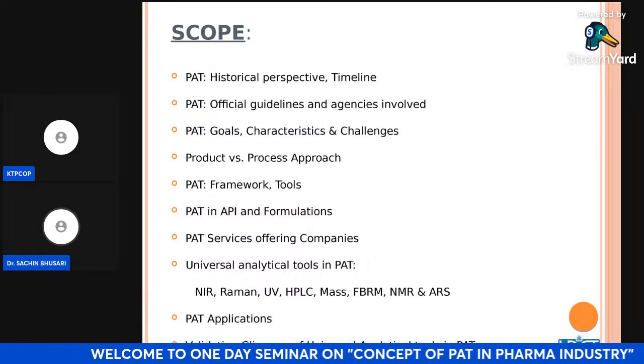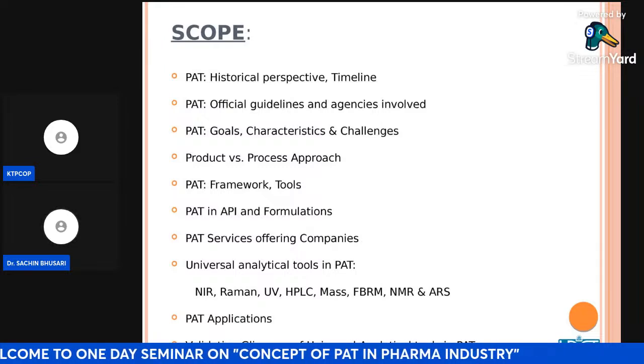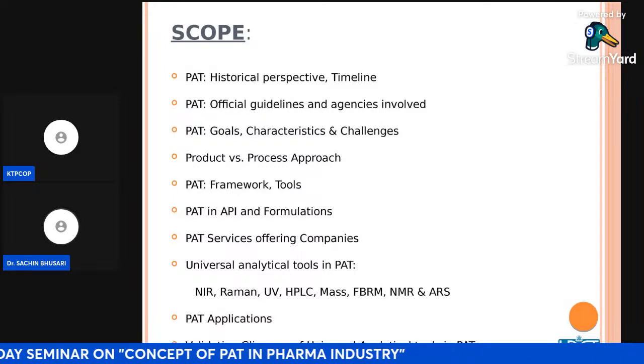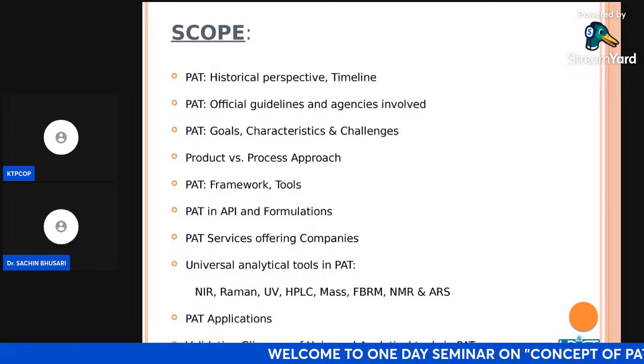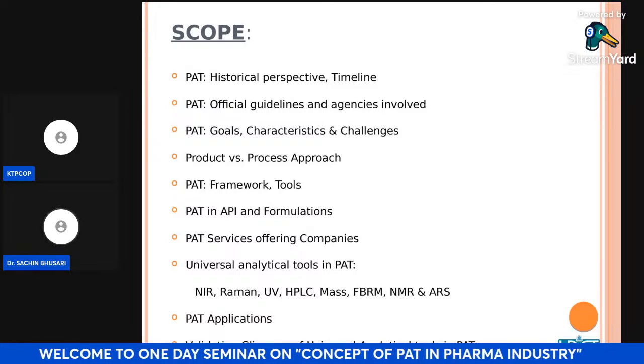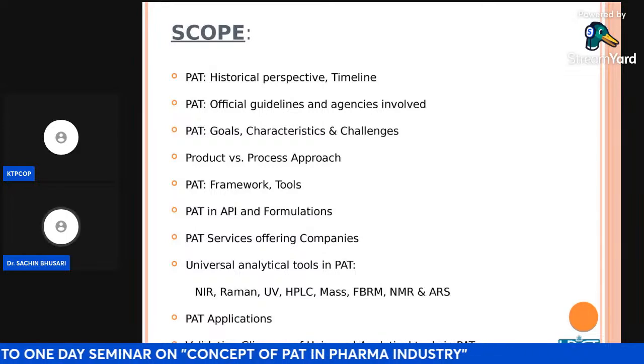Now, some of the PAT applications I'll be covering, and beyond that, I'll try to give you some glimpses about validation. This validation parameter has been specifically added in my presentation. Basically, we discussed with the organizers, and it was a requirement. Yes, sir, if possible, try to give some glimpses.